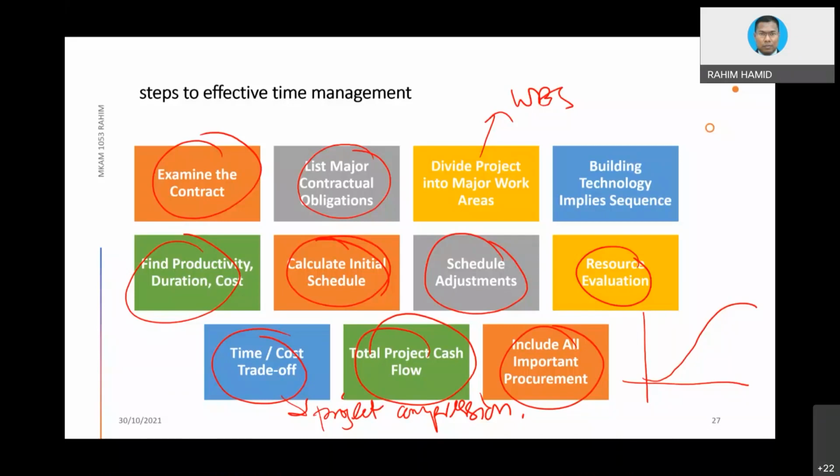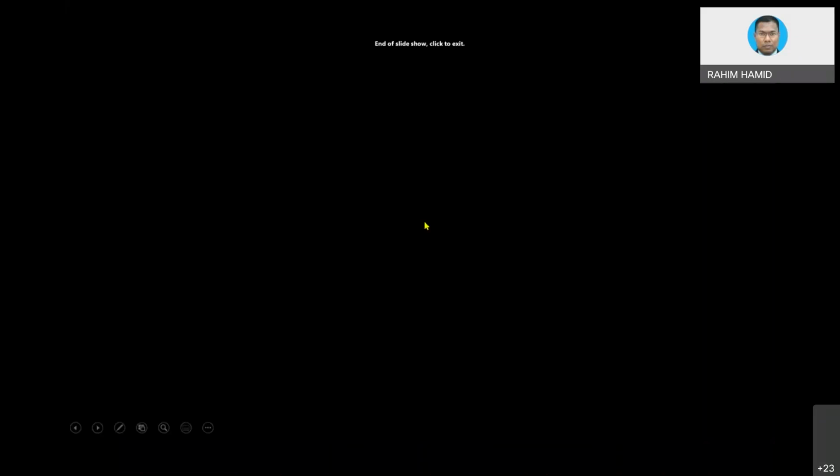So the material could be an issue that will affect the real execution of the project. All right, so that will be the end of the introduction, just the introduction.